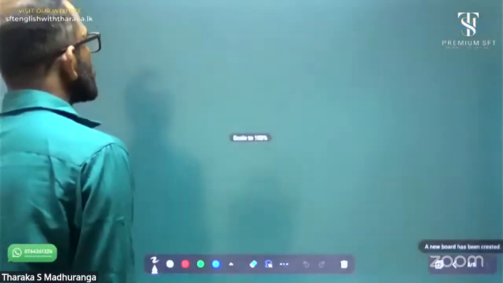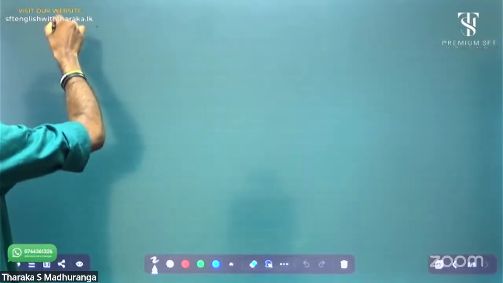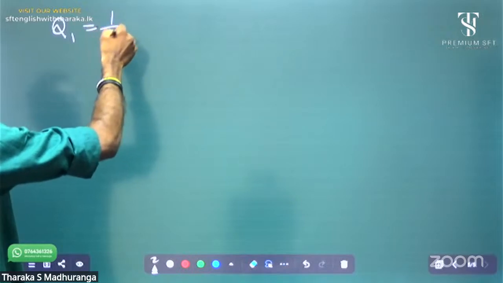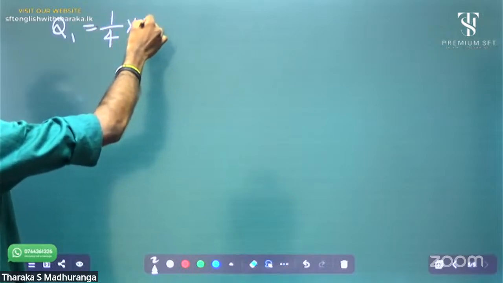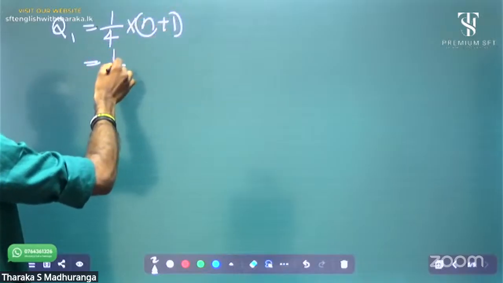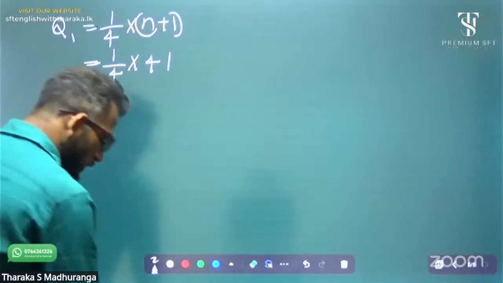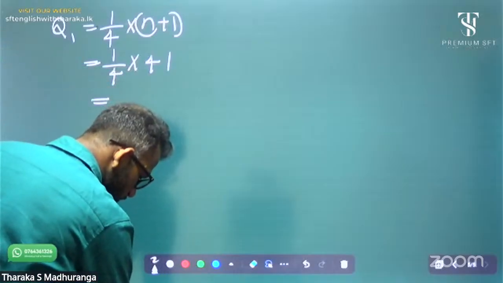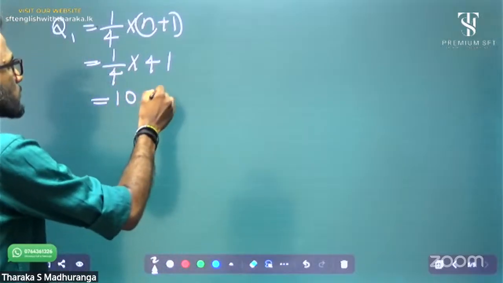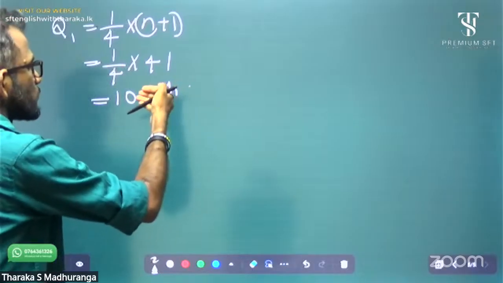Okay, how to calculate the first quartile? It's the same method. First quartile Q1 equals 1 over 4 into (n plus 1), meaning 41. 41 over 4 is the 10.25th value.